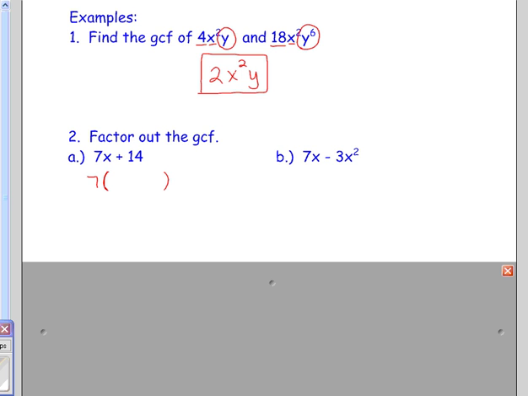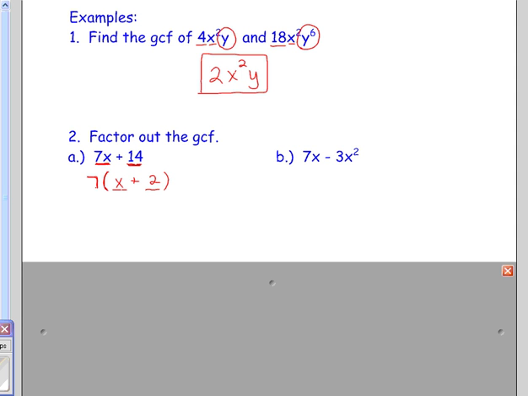It's kind of like division. However many terms I have in my problem is how many I should have in parentheses. So if I have 2 terms, this is a binomial, I should have 2 terms in the parentheses. When I divide 7 into 7x, what is going to be left over? Just the x. 7 into 14 would give me a positive 2.